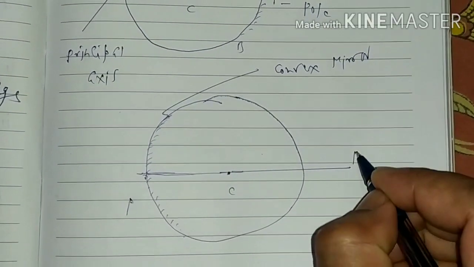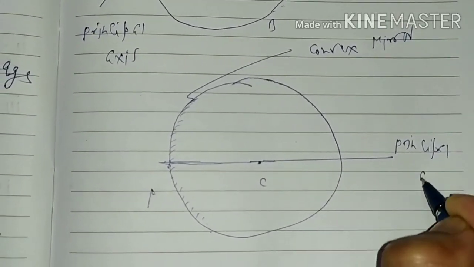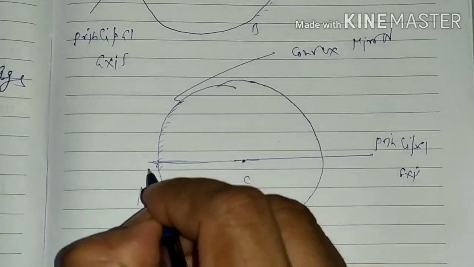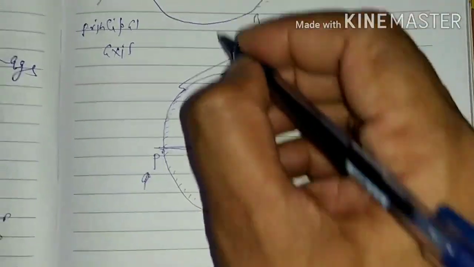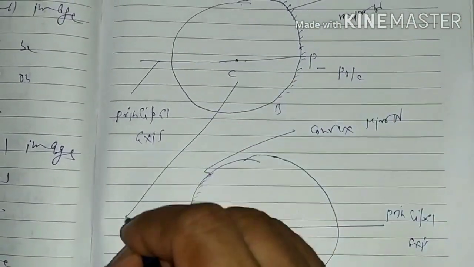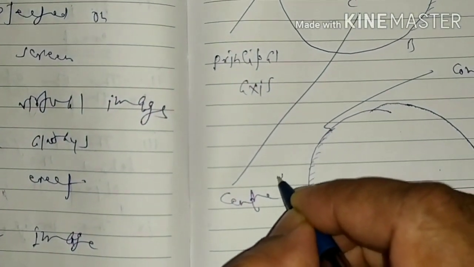This is principal axis. This is pole here, and this is principal axis. This is center of curvature. This point is called center of curvature.